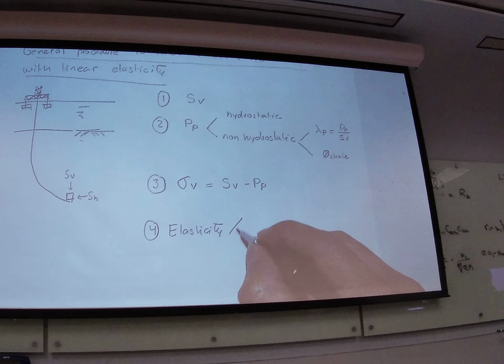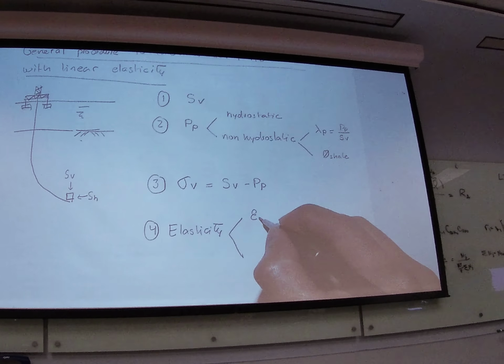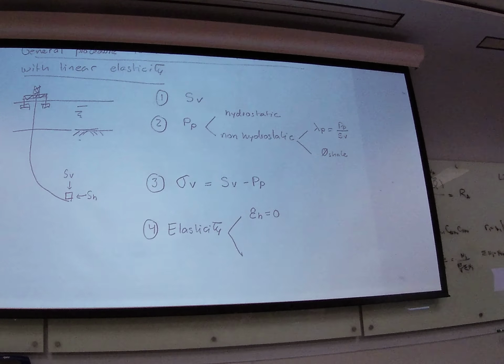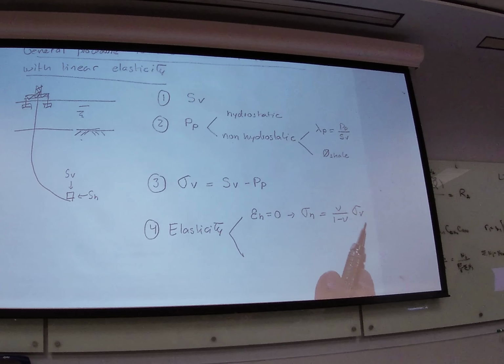For example, if you had your tectonic strains to be zero in both directions, then you know that sigma h is simply given by Eaton's equation, and it's just going to be that. You have sigma v. If you know what the Poisson ratio is, you know sigma h.